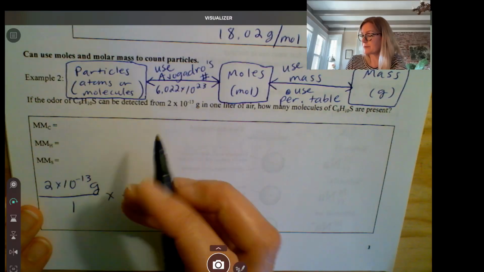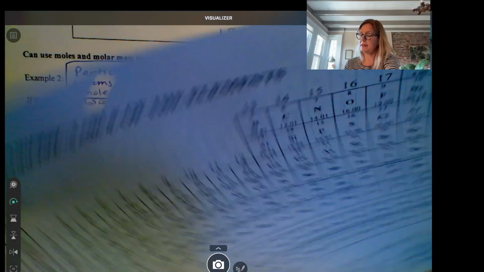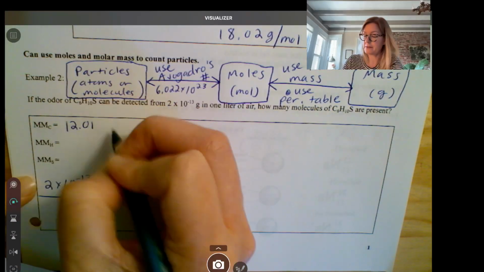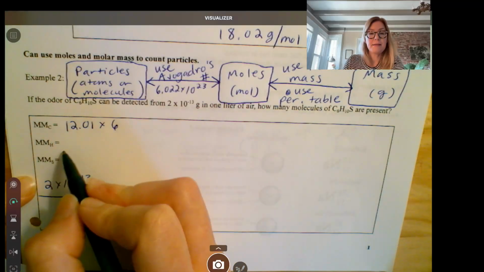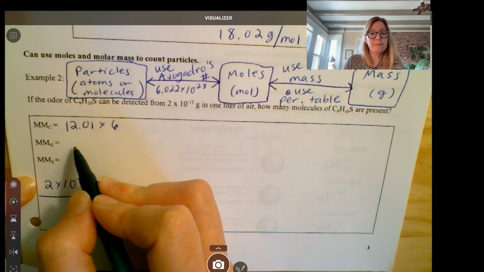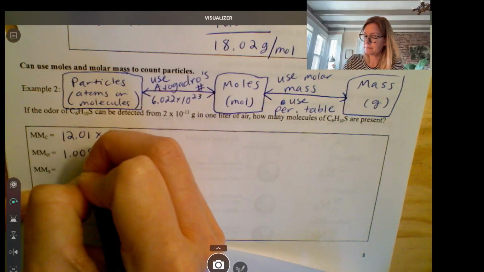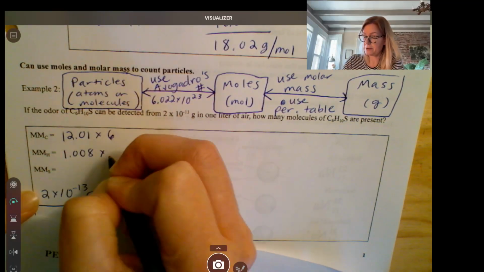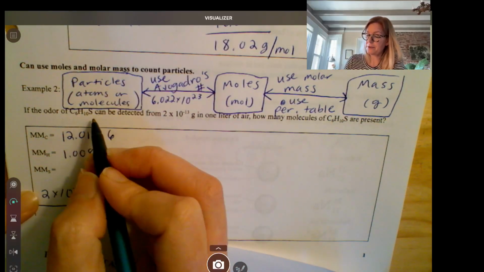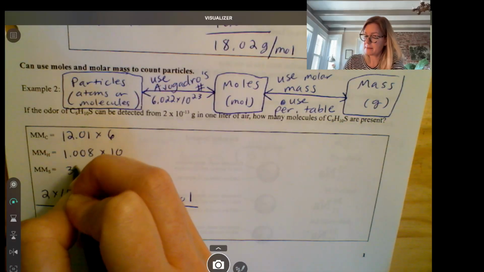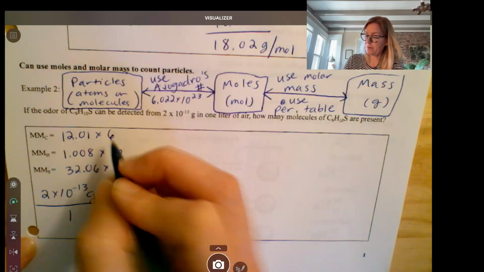So the molar mass of carbon is 12.01, and we have 6 carbons. And then the molar mass of hydrogen is 1.008, and we have 10 hydrogens. And then the molar mass of sulfur is 32.06, and we only have 1 sulfur.